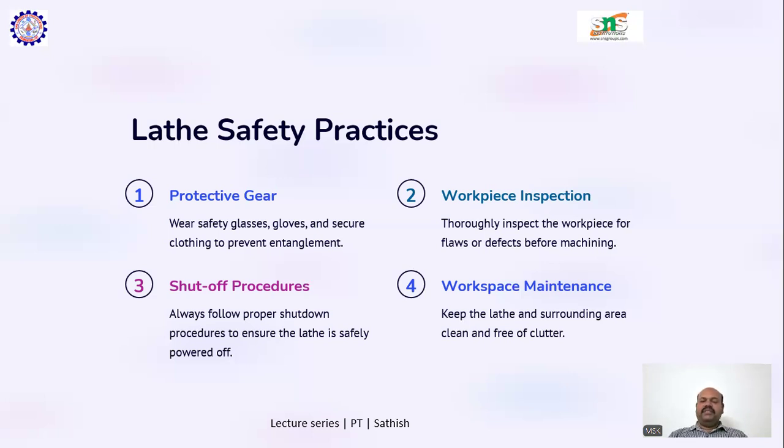Shut off procedures are very important: it is important to shut off the lathe, where the power involved is 220 volts. And we have workspace maintenance. Keeping the lathe and surrounding area clean and free of clutter is very important for safety practices.